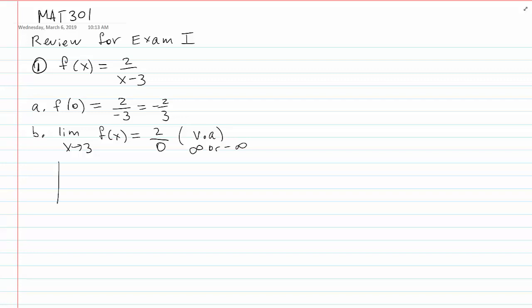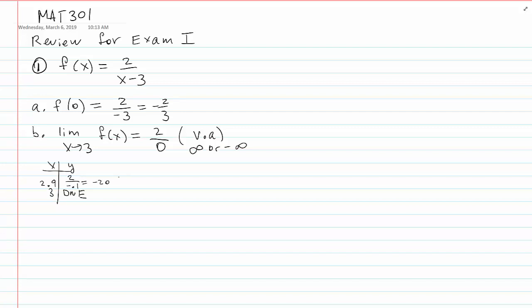So by making a little table and choosing values to the right and to the left of 3, we can see what's going on. At 3 the function does not exist because we're dividing by 0. If you choose a number less than 3, for example 2.9, notice the denominator will be negative. So we're taking 2 and dividing by something small.